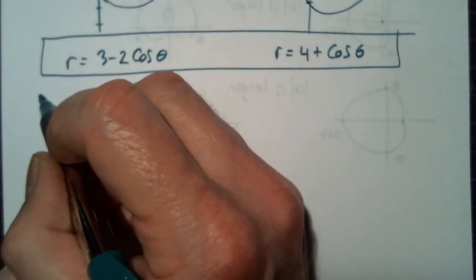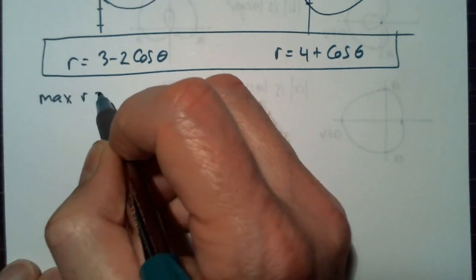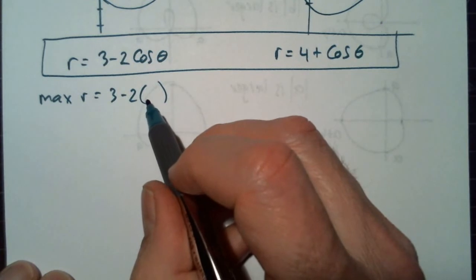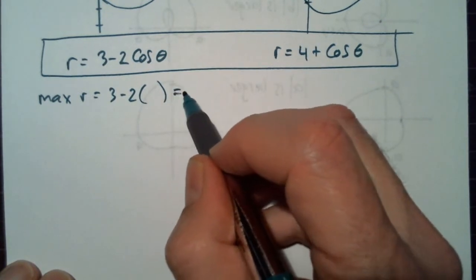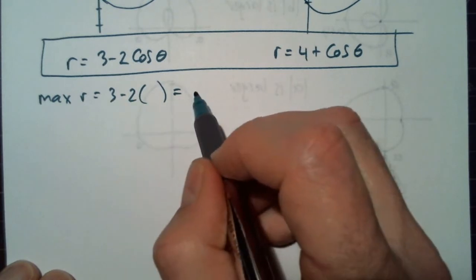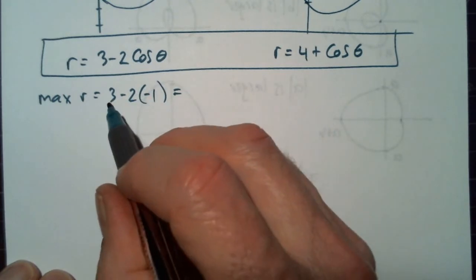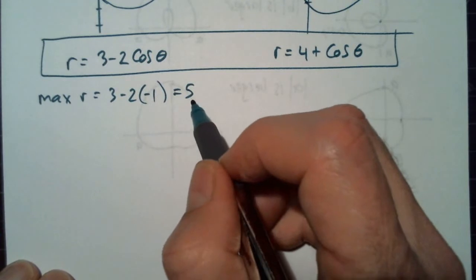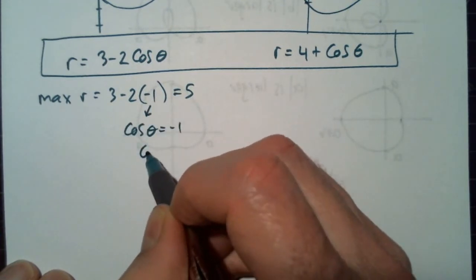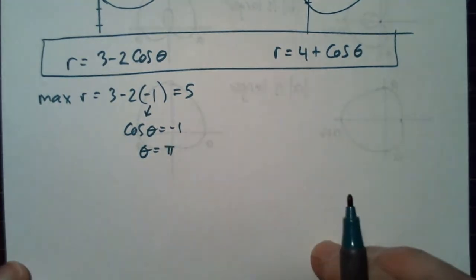All right, let's look for the maximum radius. That's going to be 3 minus. So what number goes there to make us have the largest number here? If I put a 1, then we'll have 3 minus 2 is 1. But if we put a -1, it'll be 3 plus 2 is 5. So this tells us that we need cosine to equal -1, and that happens at pi.